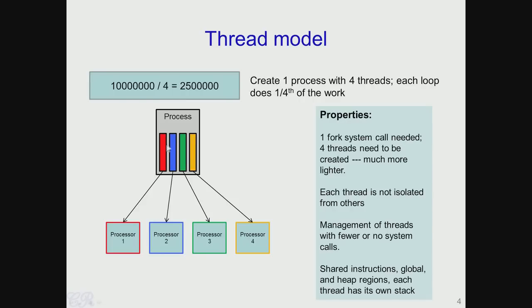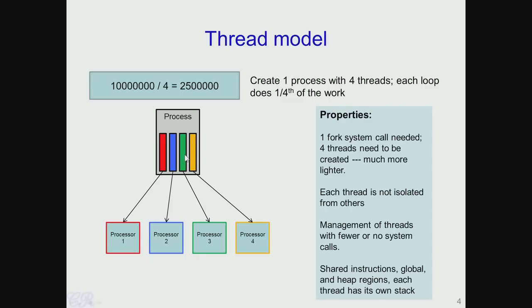Now, what distinguishes the different threads is that each of these threads will have its own stack, and having its own stack will allow it to have its own execution context.